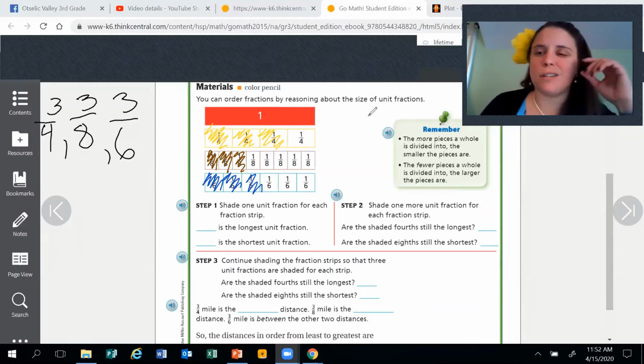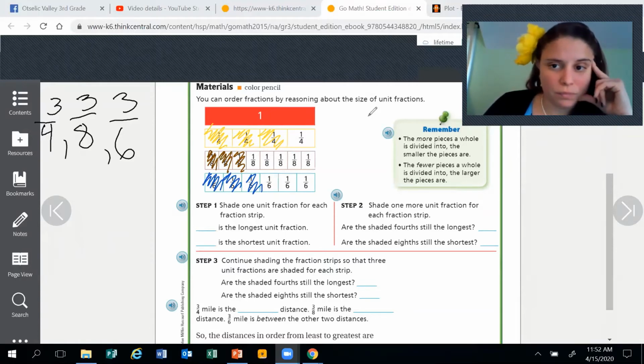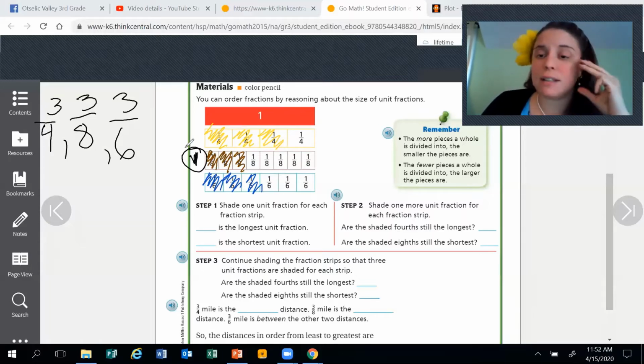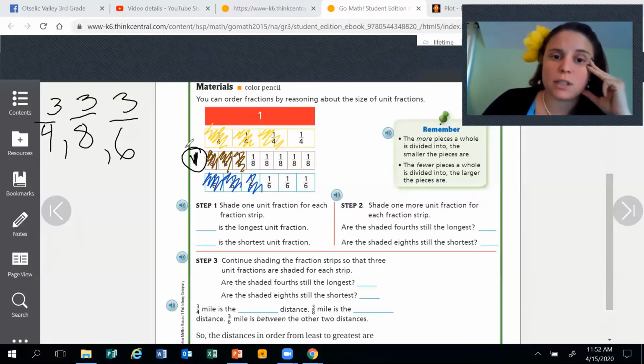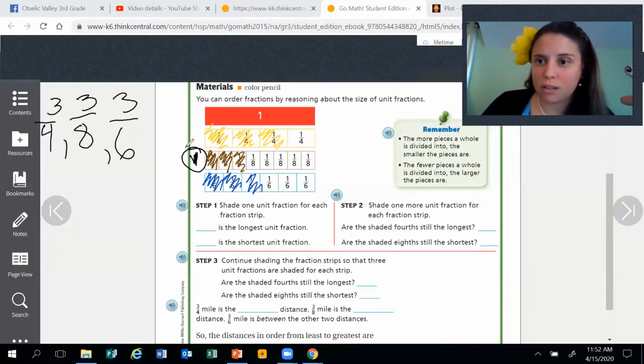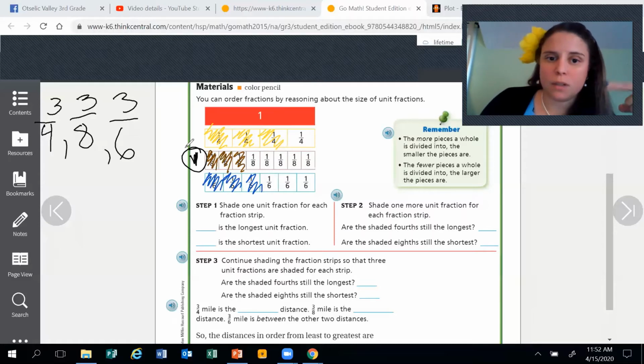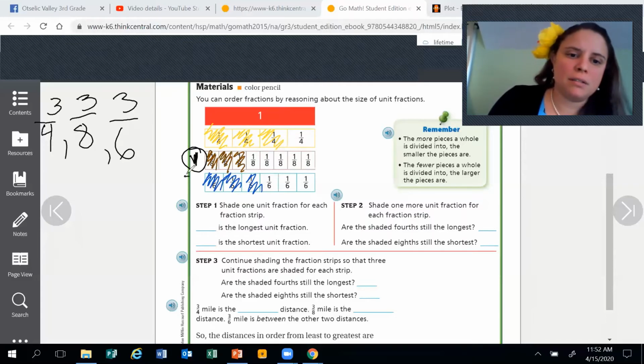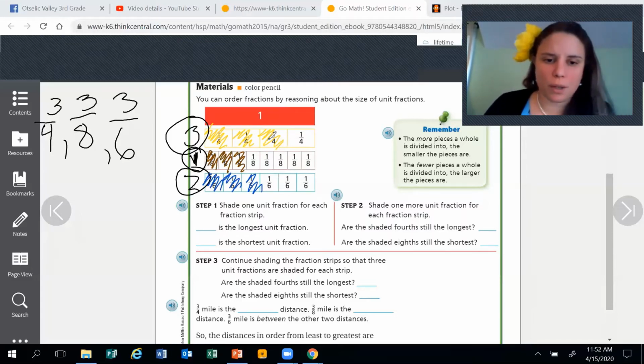So which one of these is the smallest right now? Yeah, the 3/8 is smaller than the 3/4 and the 3/6. Which one is next smallest? Is 3/4 or 3/6 smaller? 3/6 is smaller. You're right, 3/6. And then the biggest one is 3/4.